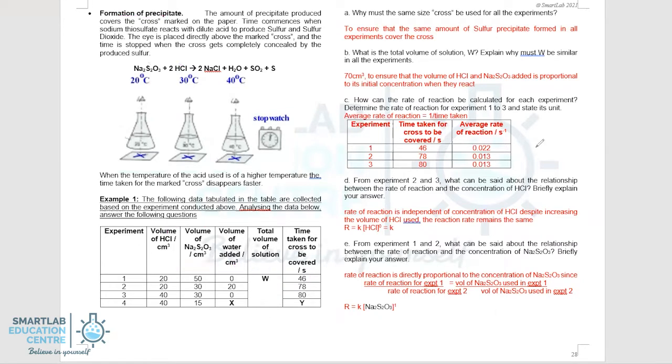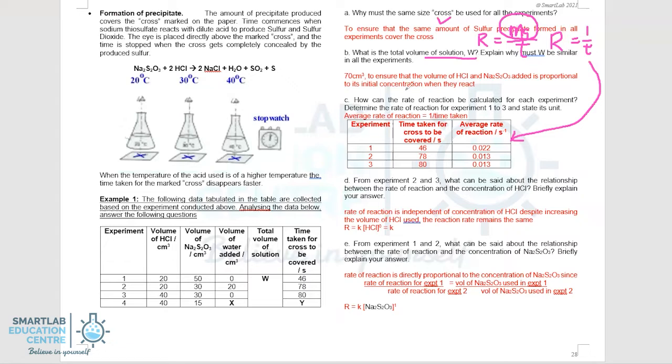Before we do that, I think the first part to take note of is that we use the same cross because the reaction rate is now the mass of sulfur produced to cover the cross divided by time taken. Since the same cross is used, Ms is a constant value, which means you can estimate your reaction rate by 1 over time, which is what we did down here in our calculation. Secondly, we want the total volume of the solution to be 70 cm3.